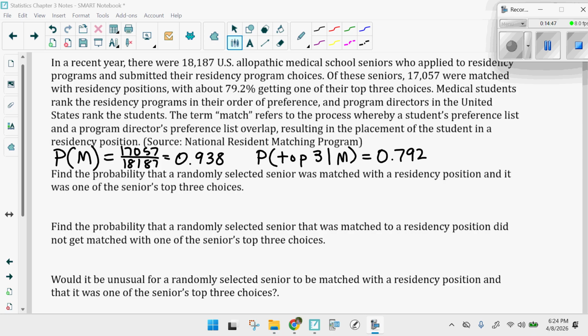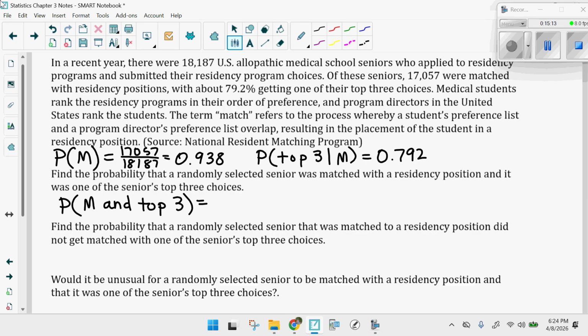So we're going to find the probability that a randomly selected senior was matched with a residency position, and it was one of the senior's top 3 choices. So this would be the probability that they were matched and it ended up being top 3. So the statistic that we have, the 79.2%, is a conditional probability that they did get matched and got that top three.